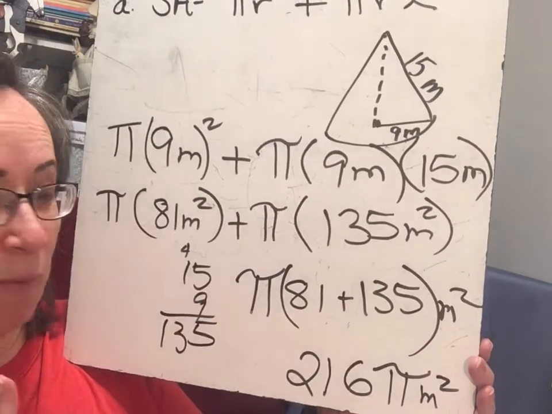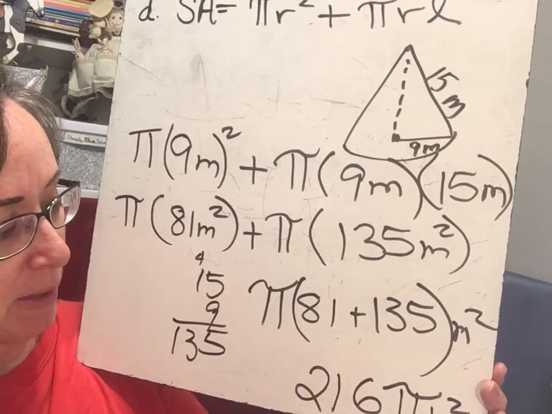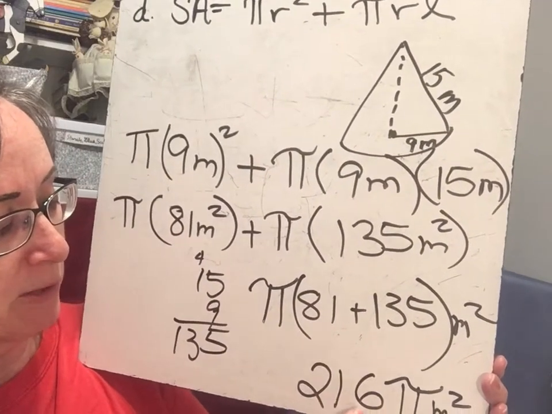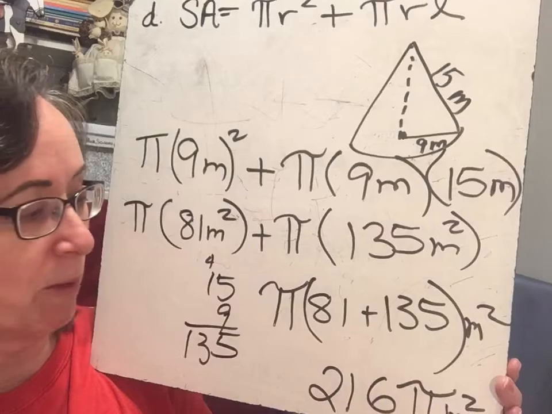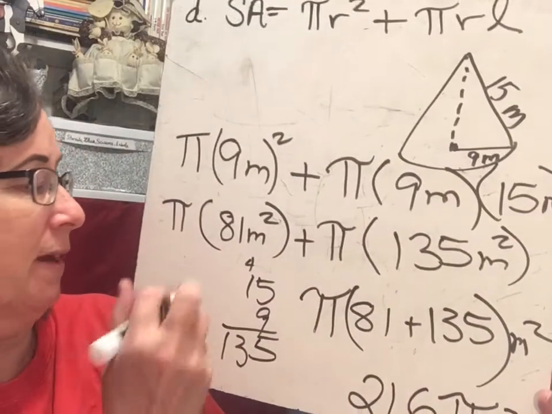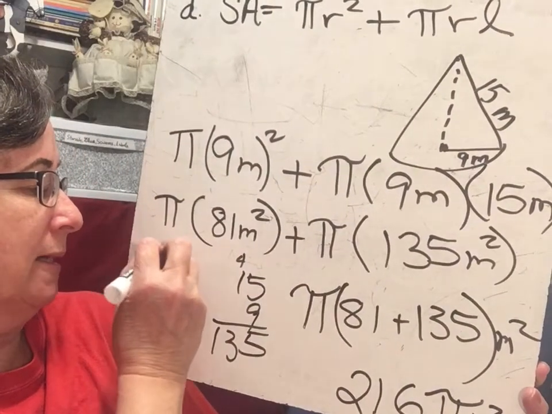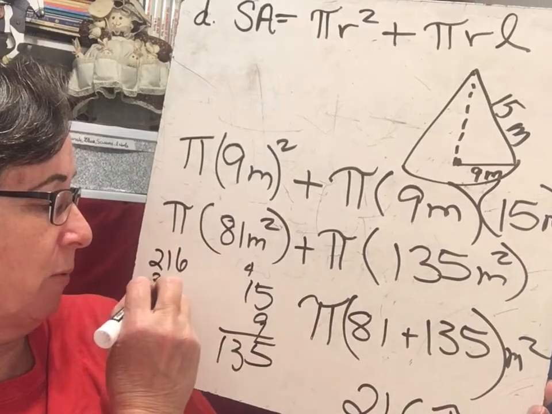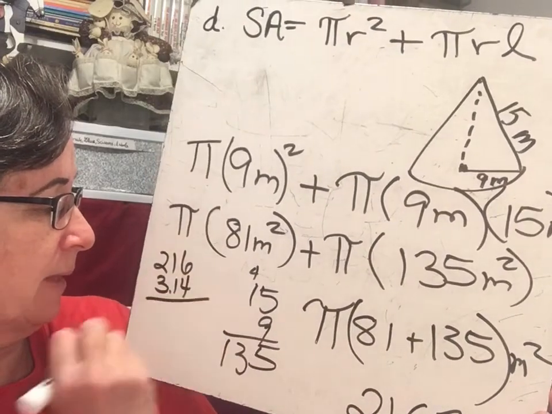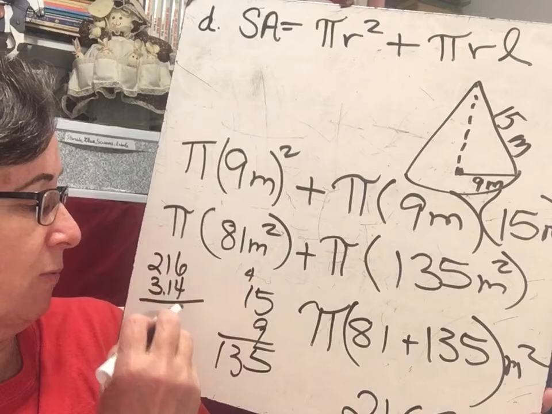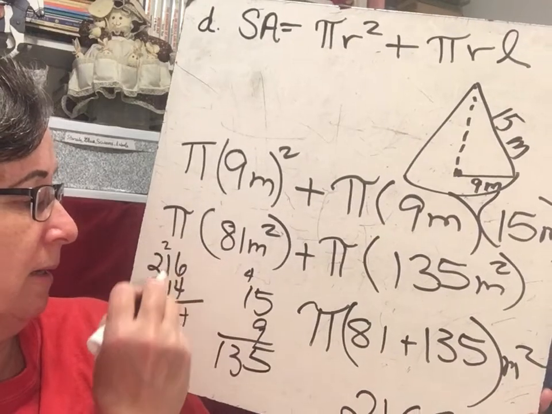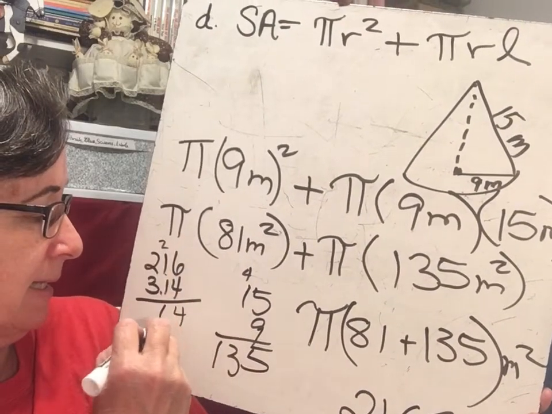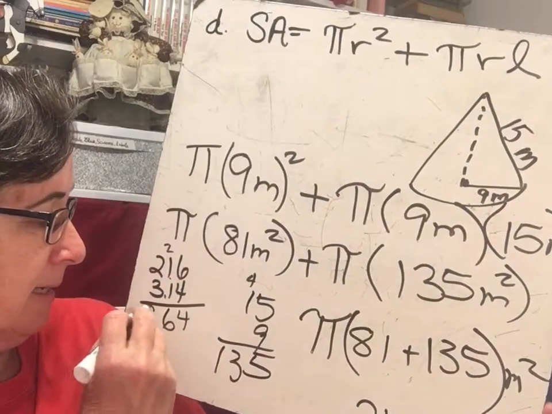So now we have to do that last little step. We need to multiply 216 times 3.14 to get the final. So 216 times 3.14 is going to be 6 times 4 is 24. 4, 5, 6, 8.